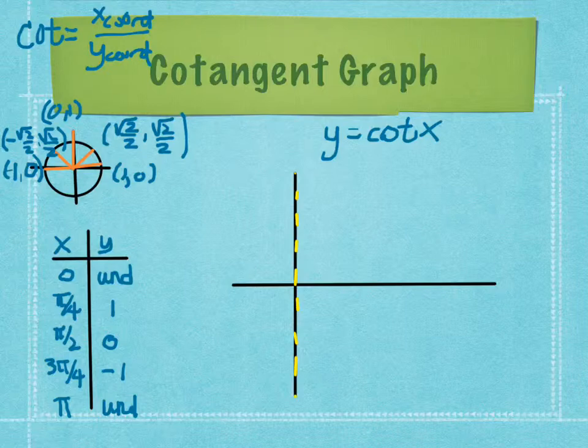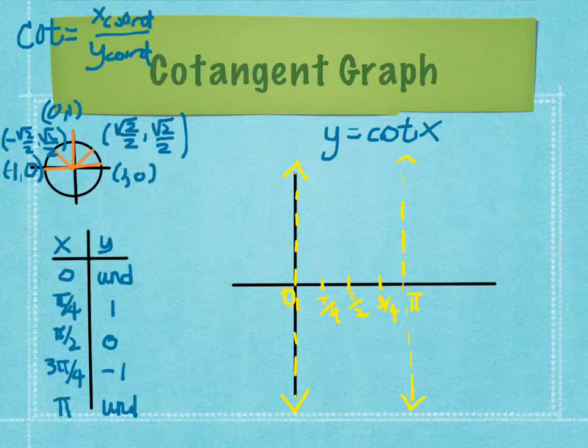I've got this asymptote at 0, and then I'm going to have an asymptote over here at pi. Here's 0 and here's pi. Halfway between was pi over 2. Halfway between that is pi fourths. And we have 3 pi fourths.